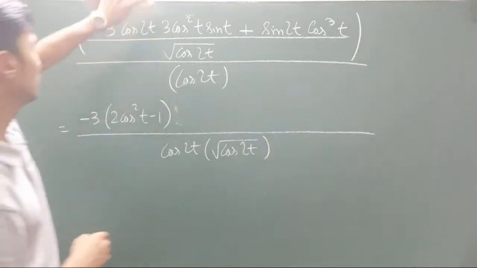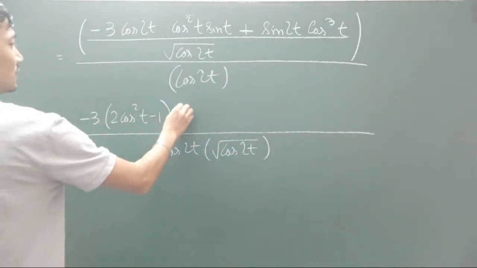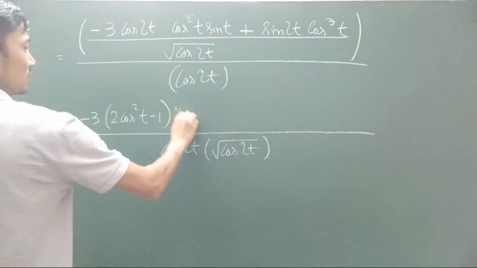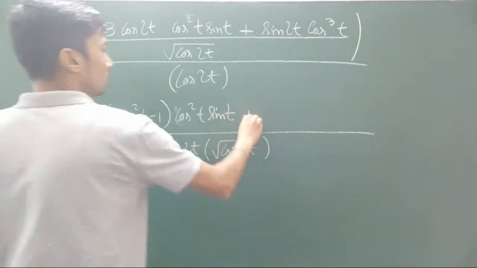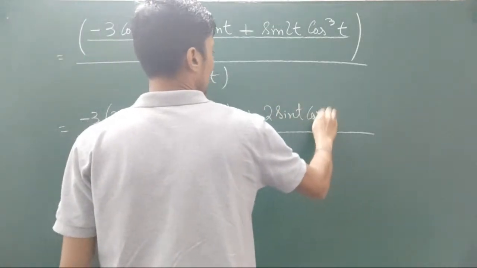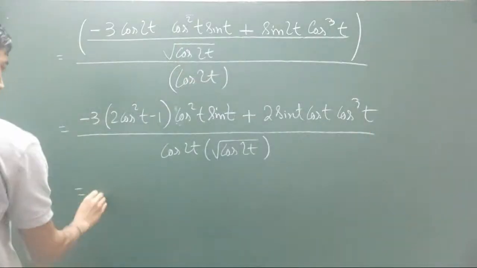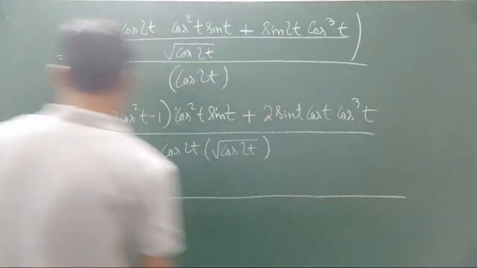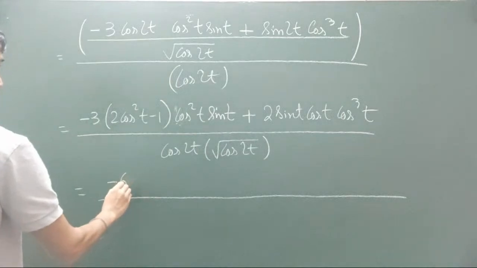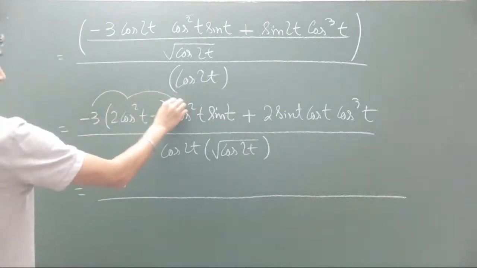I think this 3 has been written 2 times because this 3 should not be coming from anywhere. No? 3 cos square t sin t plus sin 2t, 2 sin t cos cube of t. So minus 6 when you multiply. No?